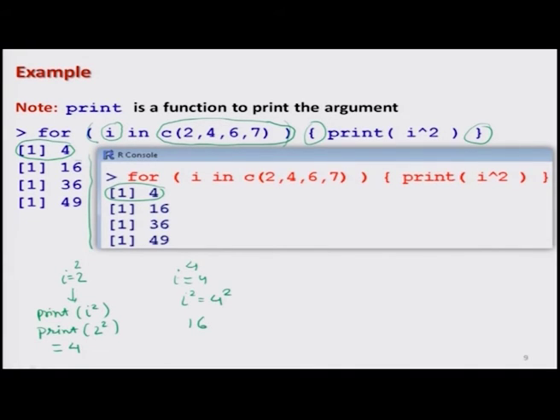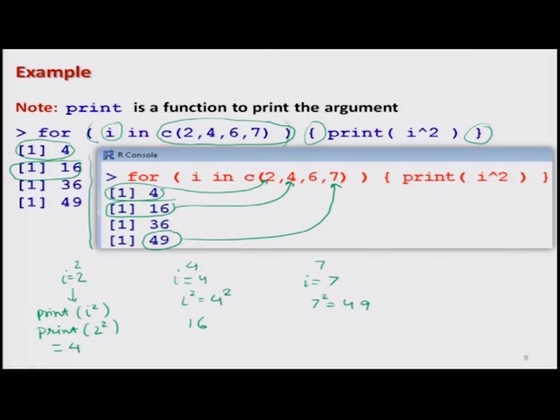This is denoted over here for the second value. So this corresponds to I equal to 2, this corresponds to I equal to 4, and similarly if you pick the fourth value 7, that means I equal to 7, and 7 square is 49, and this is printed over here.